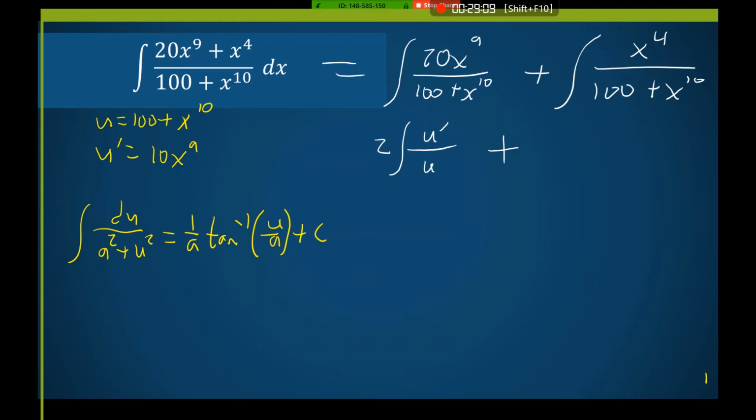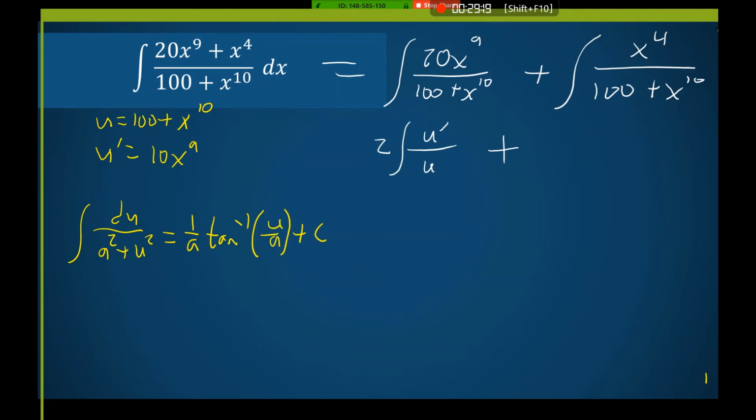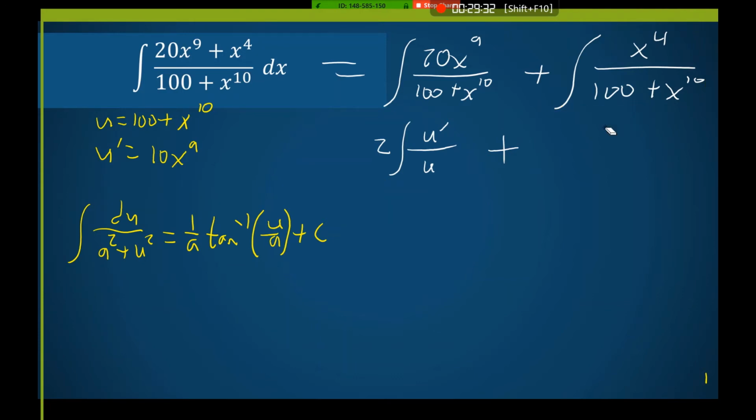So I need this to look like this. Okay, I'm going to jump back to Ninny first. So Ninny, if this on the right side is an arctangent function, which part of this is a squared?